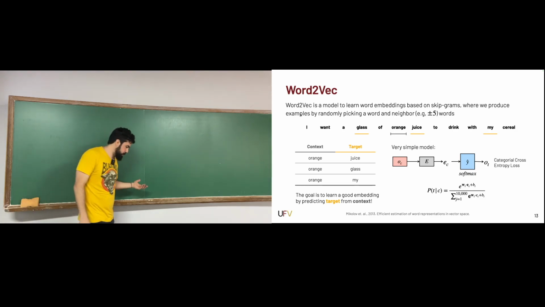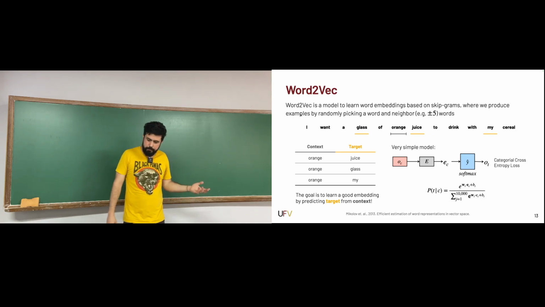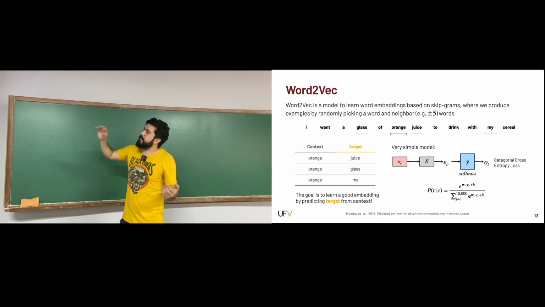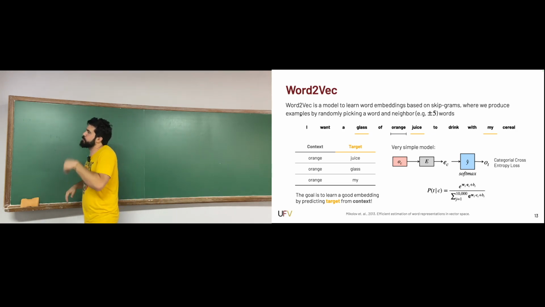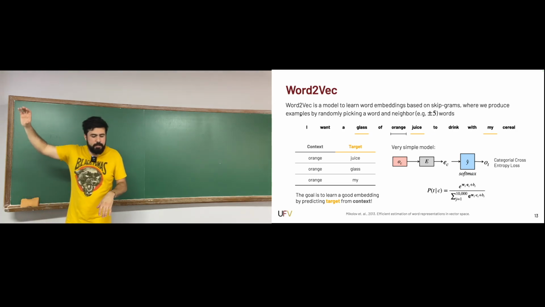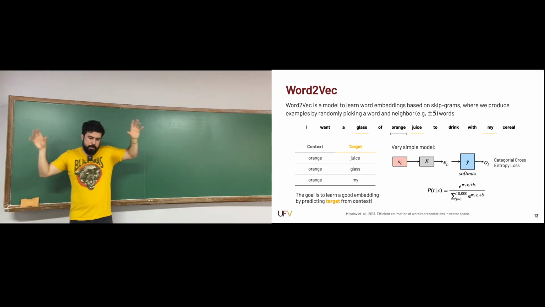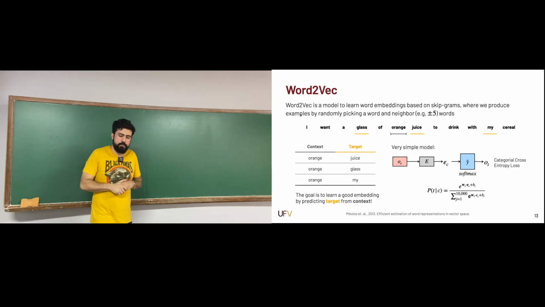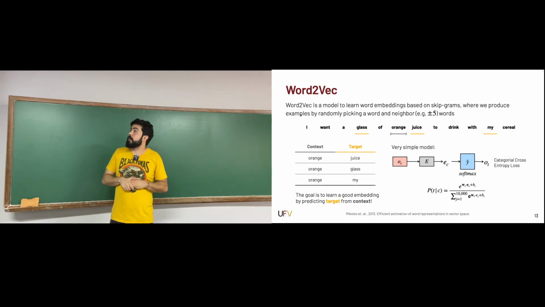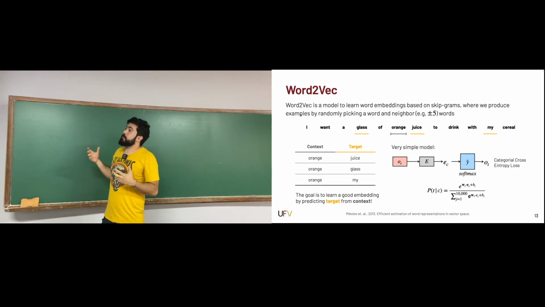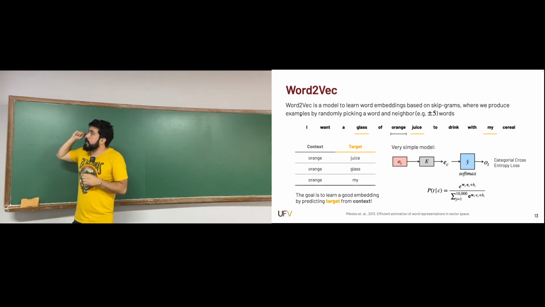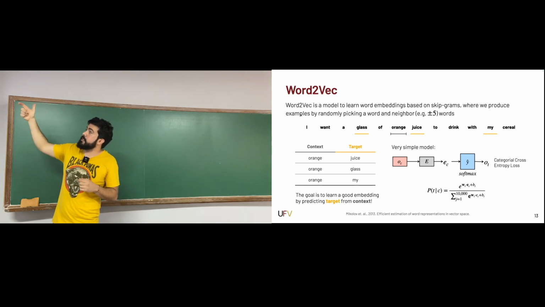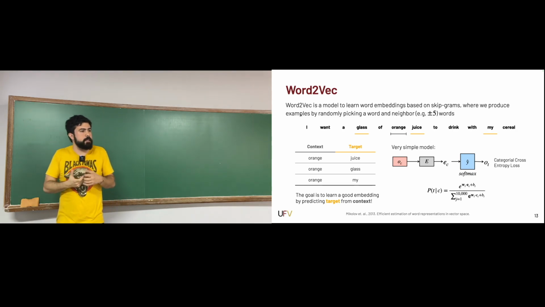Word2vec is a very popular word embedding model. And here I have this example: I want a glass of orange juice to drink with my cereal. That's just a longer sentence, so we can think about the word2vec model with an example in mind. It learns a word embedding based on this idea of skipgrams.